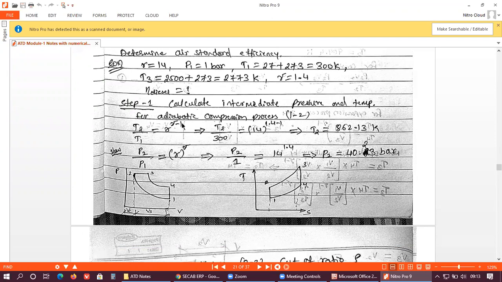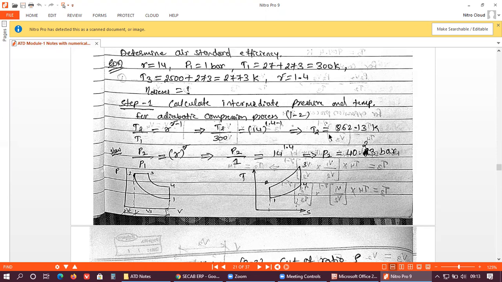Okay, so for this adiabatic compression process 1 to 2, the relation that holds good is T2 by T1 is equal to r raised to gamma minus 1. From this equation we can calculate T2. We know the value of T1, 300, just substitute here. Then we know the compression ratio r, that is 14, raised to gamma minus 1, that is 1.4 minus 1.